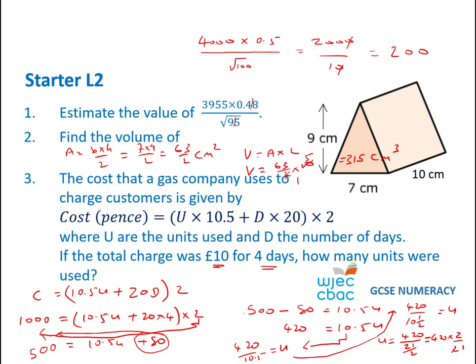Now 21 goes into itself one time, and 21 goes into 420 20 times. 20 times 2 equals 40. So our answer is 40 units. So there's that temptation always to reach for the calculator, but it's not always necessary.